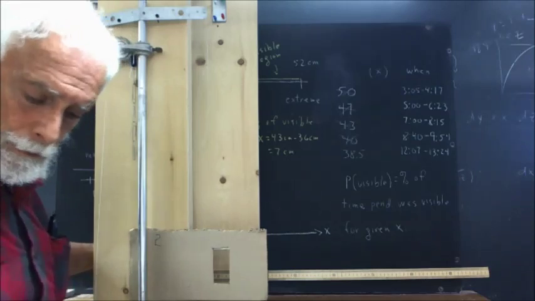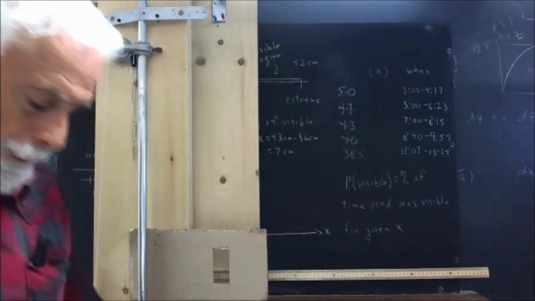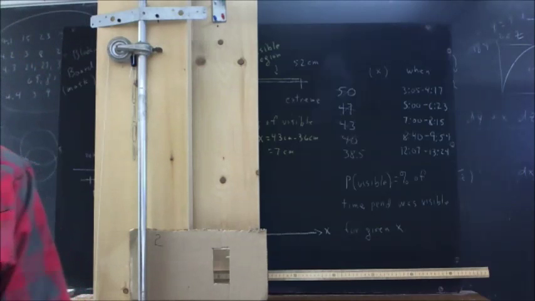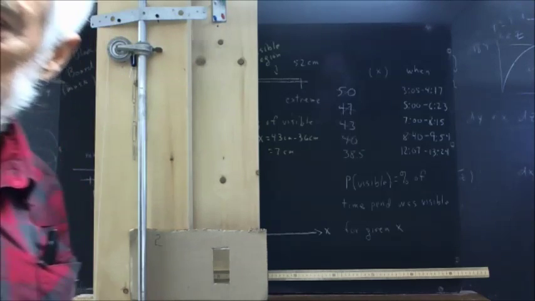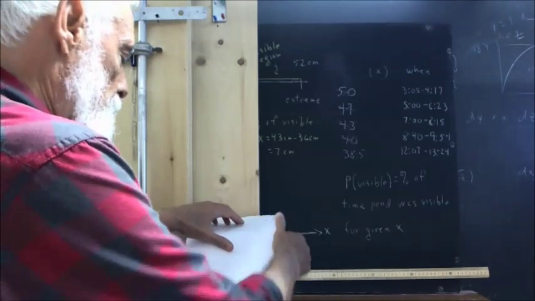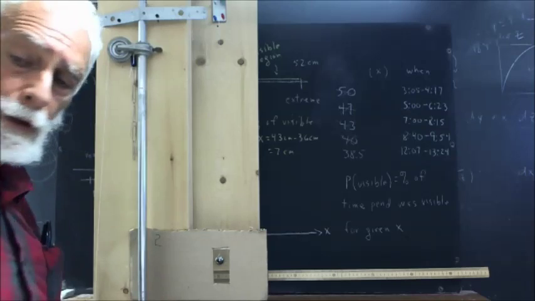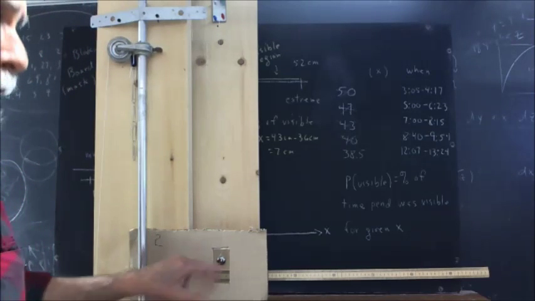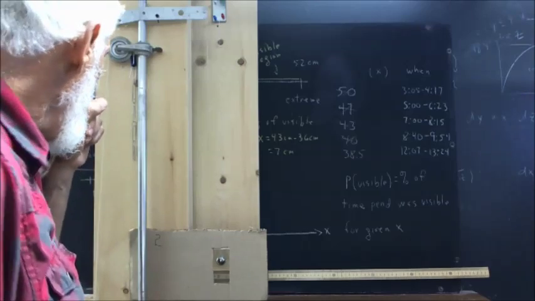I haven't really thought through how to do this, but I've got a scrap of paper here. Actually, it's a pretty good article, so I don't want to use that one. But I'll hang a scrap of paper over this also when the pendulum isn't swinging. So one way or another, this window will be blocked when the pendulum is not swinging.